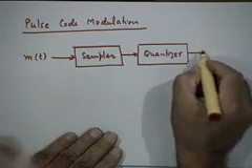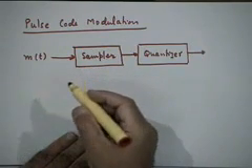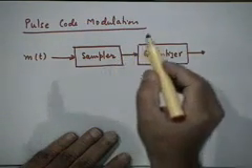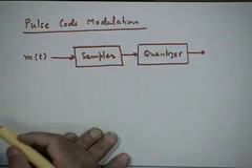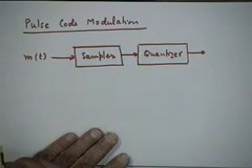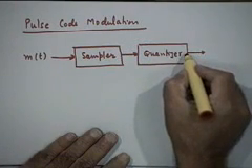The quantizer carries out a mapping, some kind of allocation: if a particular sample value that has come out lies in a certain region in the amplitude range, a certain interval. Basically the amplitude of the signal is mapped into certain intervals, and depending on which interval it lies in, that is the output of the quantizer.